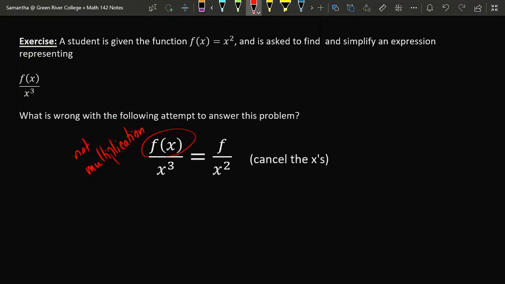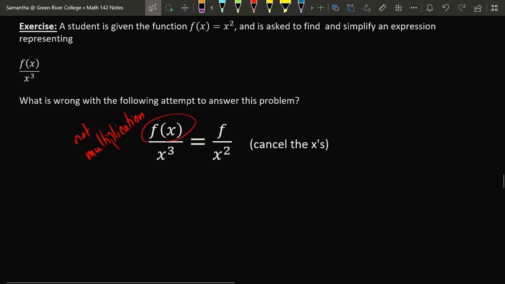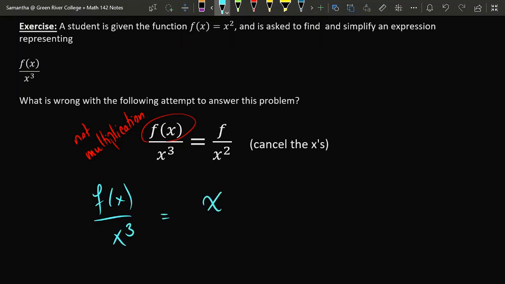So how would I actually answer this problem? I would say, okay, the f of x in the numerator, the output in the numerator, is the same thing as x squared. So f of x over x cubed could be rewritten as x squared over x cubed. I can replace the output f of x with x squared because they are equal.